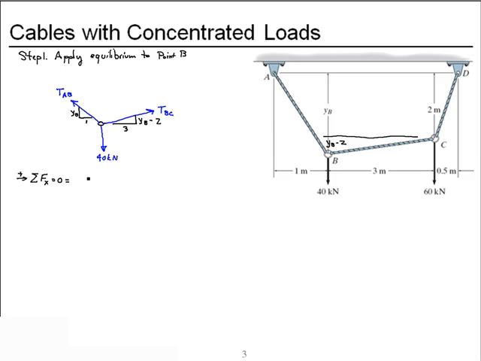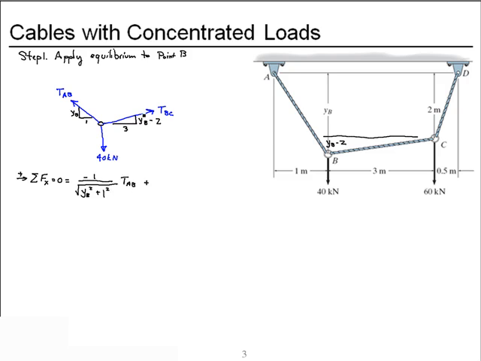The contribution from segment AB is negative, and if we take the horizontal piece, the length of the hypotenuse here will be the square root of YB squared plus 1 squared, and that's the portion of the tension AB that acts in the x direction.